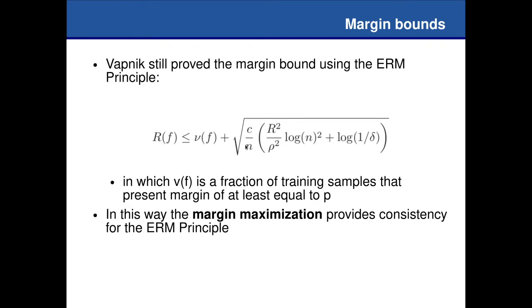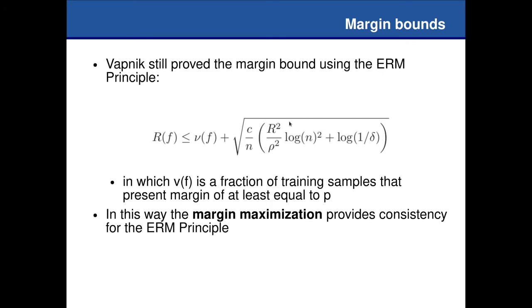And over here we have some c, which is a constant. Remember that the generalization bound used c equals 4, and here we know we have some constant to be satisfied. n is the sample size, as you guys know, and all this together is our shattering coefficient.